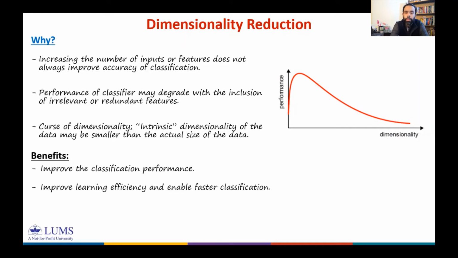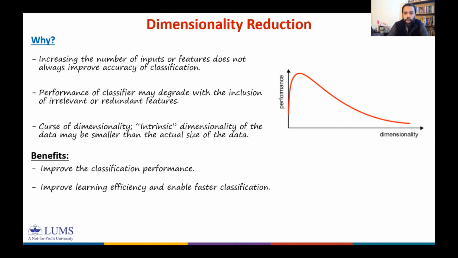Furthermore, we have less data. That means we will be carrying out fewer computations. The learning efficiency would be enhanced, and also once we have a classifier ready, we can carry out classification much faster, because we'll be dealing with fewer features for each prediction.